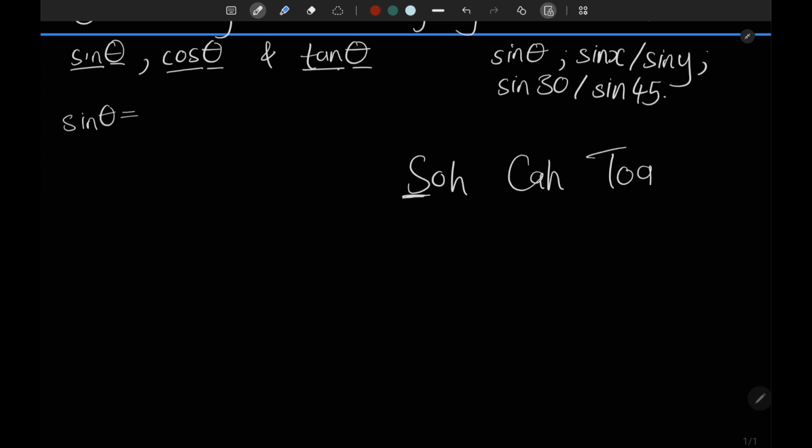Let's say sine theta is equal to O over H, which is opposite over hypotenuse. And the C stands for cos. Let's say cos theta is equal to adjacent over hypotenuse.